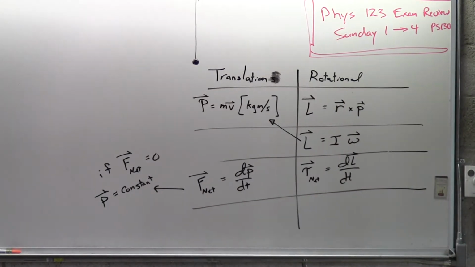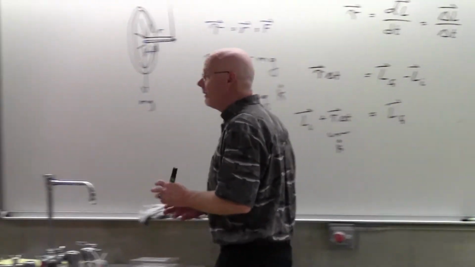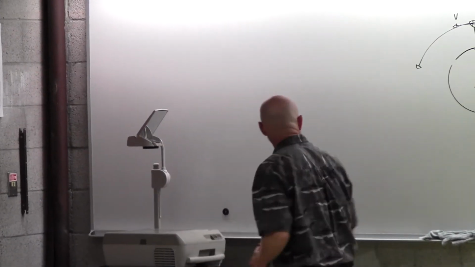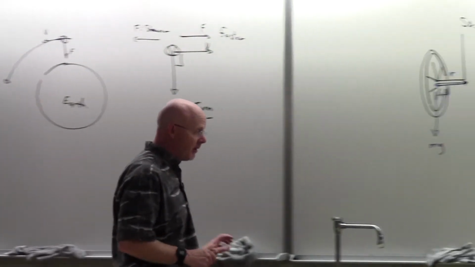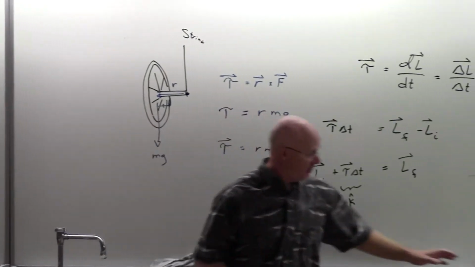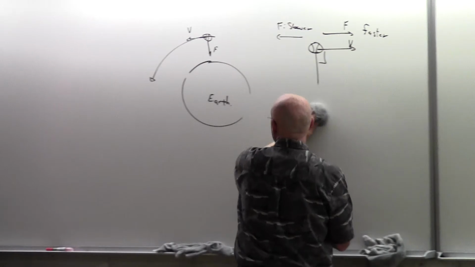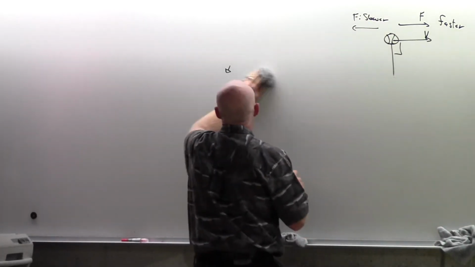Starting with a, I don't know if warning is the right word. Maybe I should call it a hint, because there are a couple of problems in this chapter that give students a hard time.